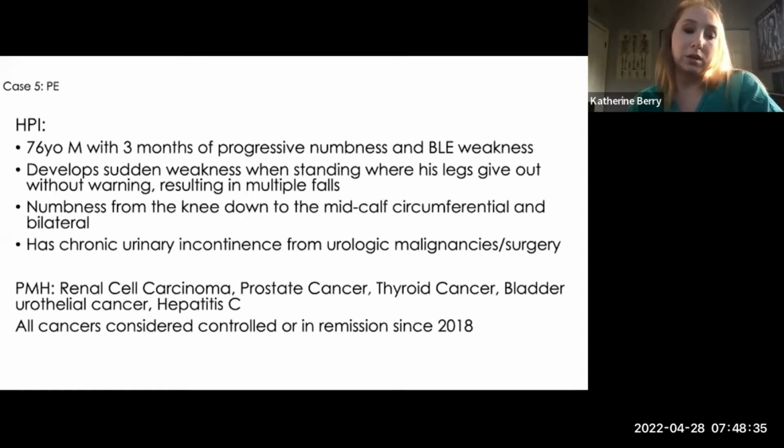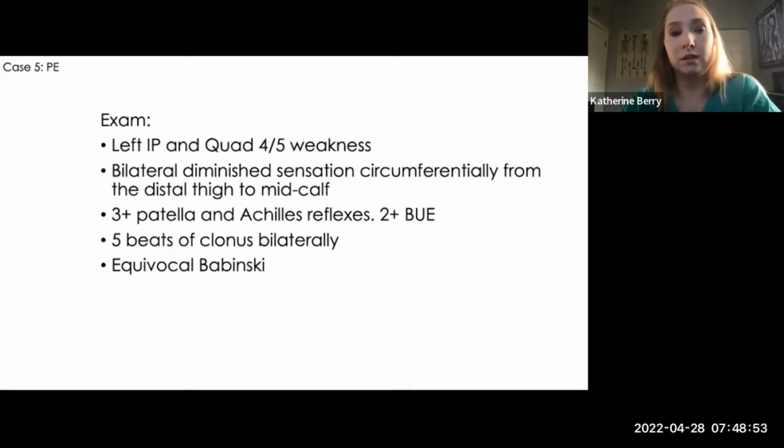His past medical history includes renal cell carcinoma, prostate cancer, thyroid cancer, bladder urothelial cancer, and he also has hepatitis C. Per his notes in the chart with his urology and oncology doctors, his cancers are considered to be controlled or in remission since 2018.